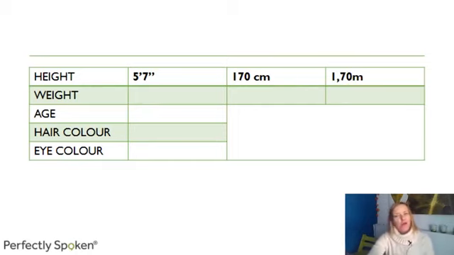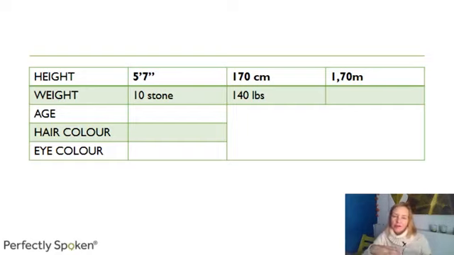And what about her weight? Do you remember the weight? How much she weighs? Her weight was about 10 stone. And in pounds, because in the United States they use pounds, there are, I believe, 14 pounds to 1 stone.